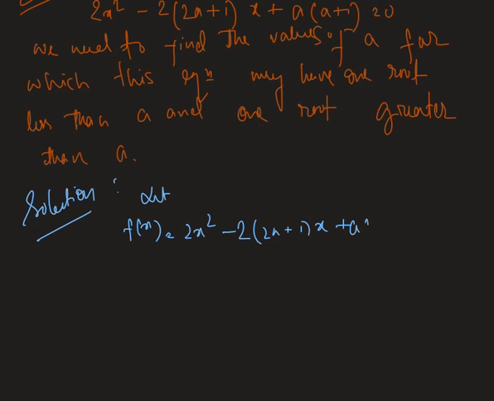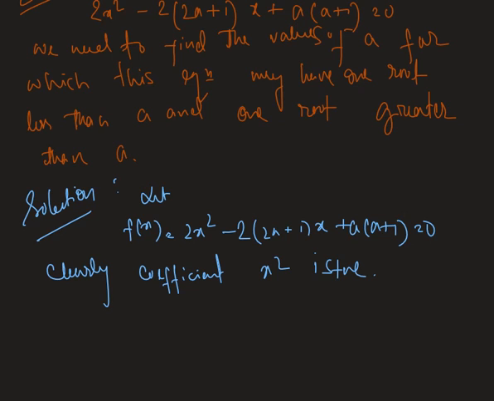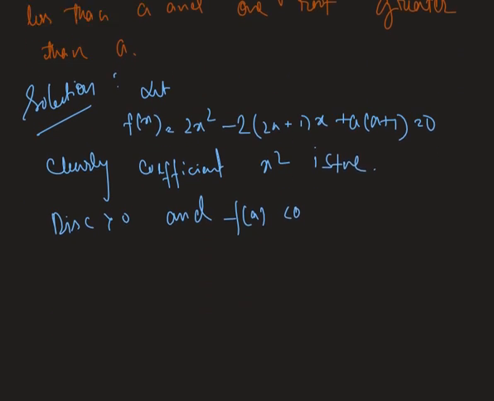Clearly the coefficient of x squared is positive. Therefore, a lies between the roots if the discriminant is positive and f(a) is negative.